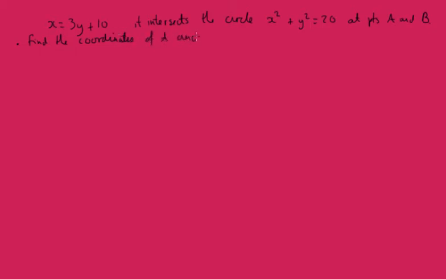So let's look at an example. We've got the line x equals 3y plus 10, and it intersects the circle x squared plus y squared equals 20 at points A and B. Firstly, we want to find the coordinates of A and B. So we've got x squared plus y squared equals 20, and we're going to take x here and substitute it in for here.